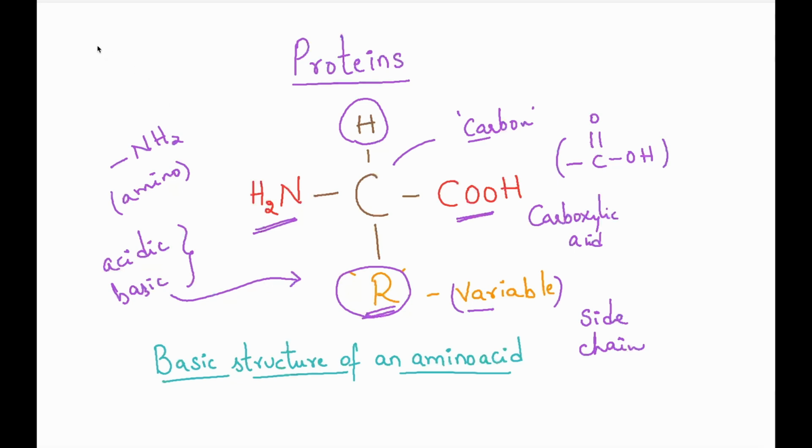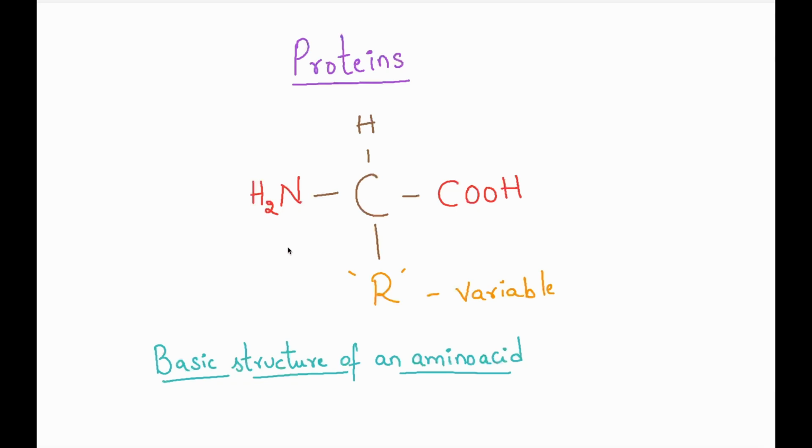Additionally, amino acids can either be water loving, which are called polar amino acids, or they can be non-polar, which are the amino acids that do not interact with water. So it is basically the side chain or the R group that determines the nature of the amino acid.